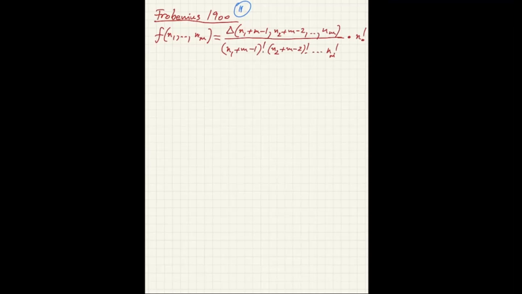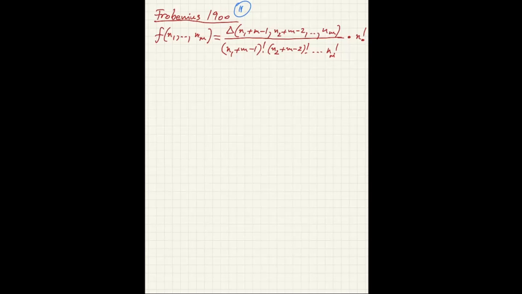So this is one formula, and it's a very nice formula for the number of tableaus of this form. It's the same as a formula which involves what are called the hook lengths. So I will write it to you.